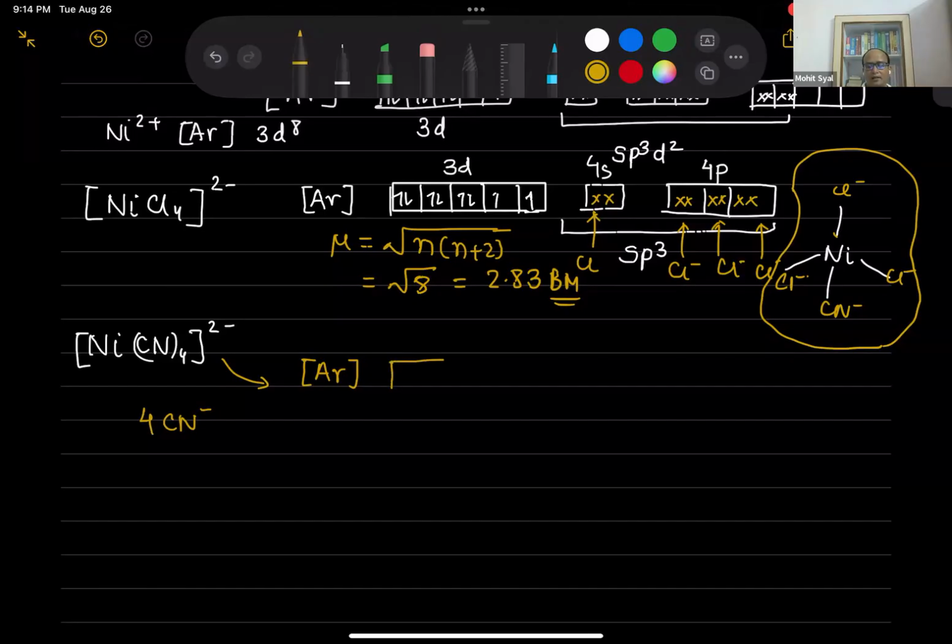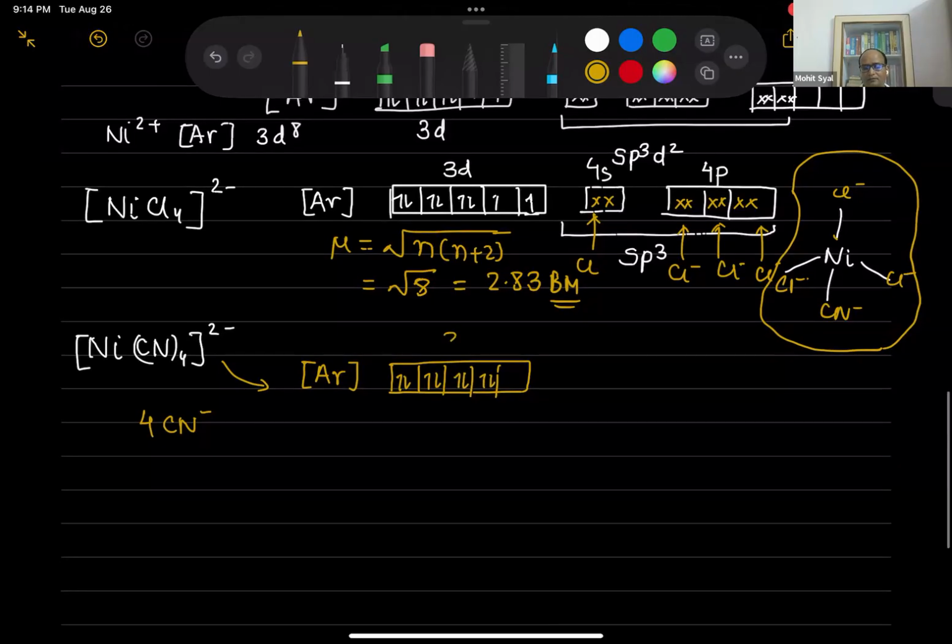And in the 3d of nickel, I'm going to pair these electrons, and in total I will have 4 pairs with one empty d orbital. Is it clear?